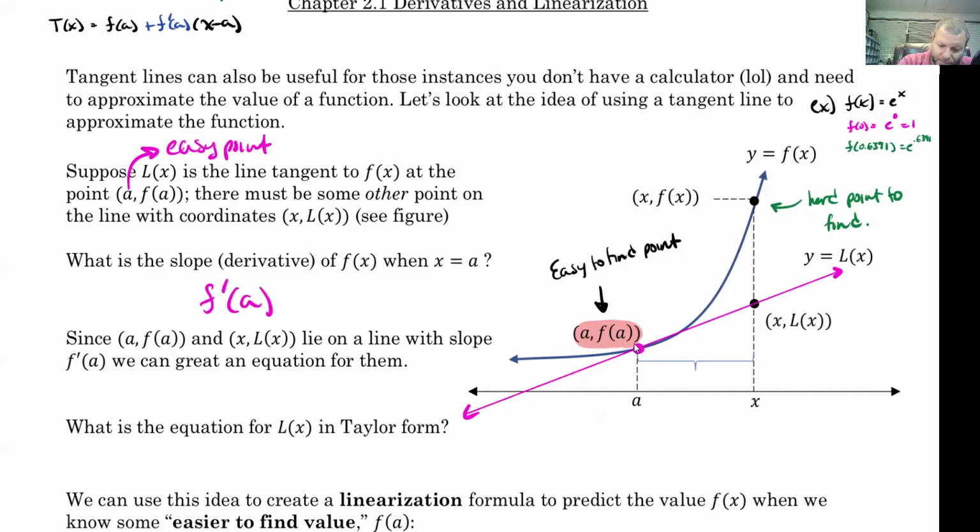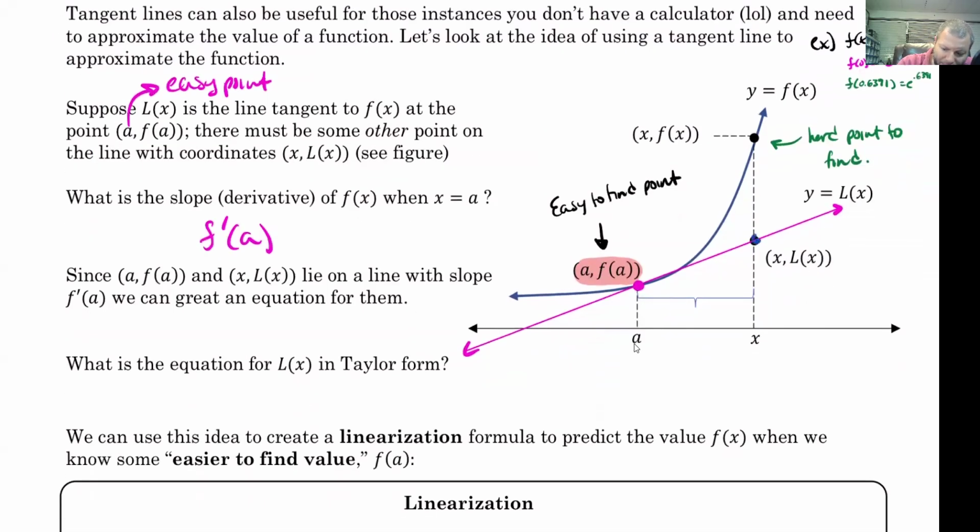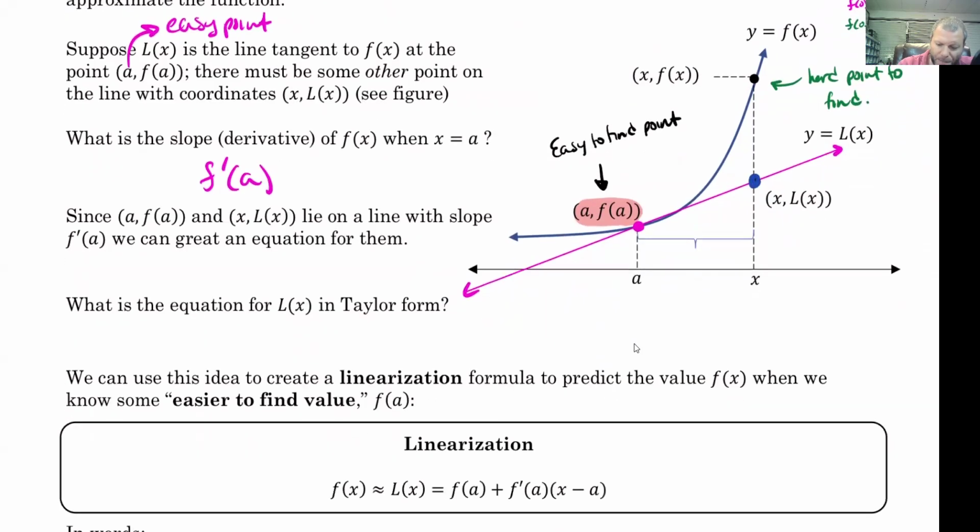And then there's some point way out in the future here. If I don't worry about that point for a second, the equation of Taylor's form would be, I'll just call it for now T of x, equals f of a plus f prime of a times x minus a.